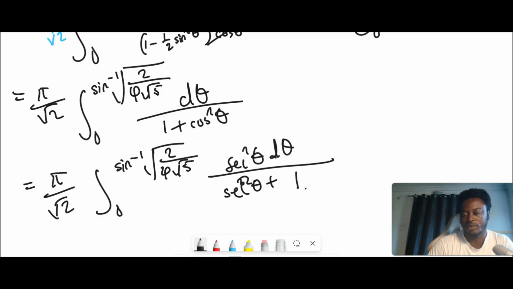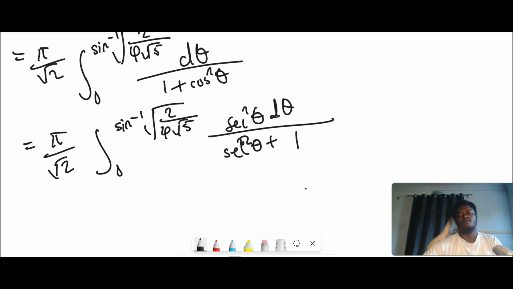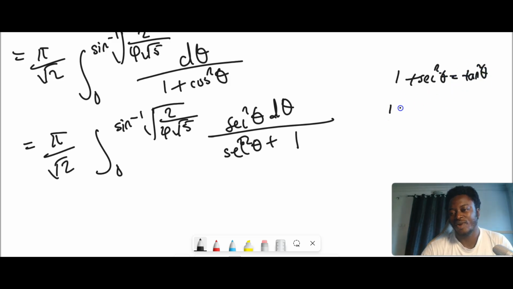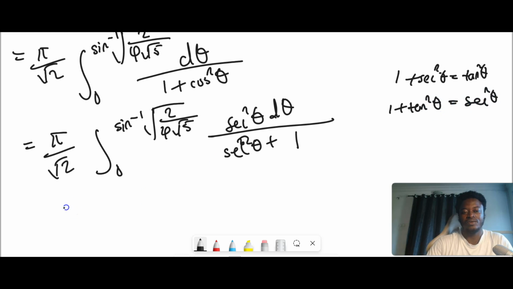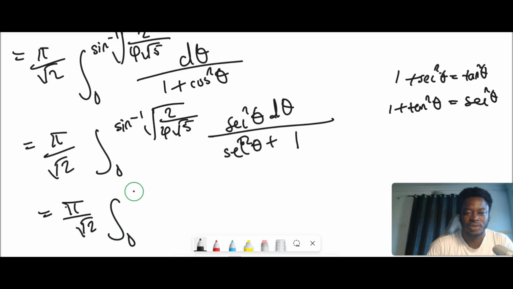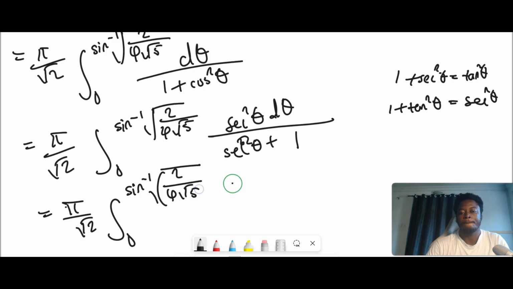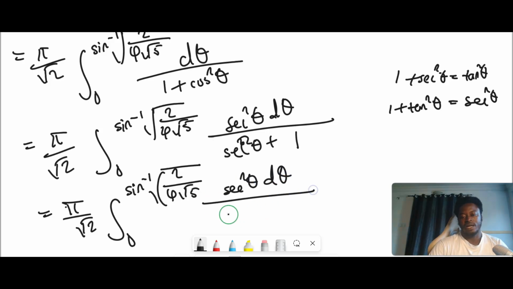I was thinking in my brain that probably 1 plus secant squared theta is tan squared theta, but no, actually it is 1 plus tan squared theta that is equal to secant squared theta. So the bottom would be pi over square root of 2 times the integral from 0 to sine inverse of 2 over phi root 5. Then you have secant squared theta d theta, and you have 2 plus tan squared theta.